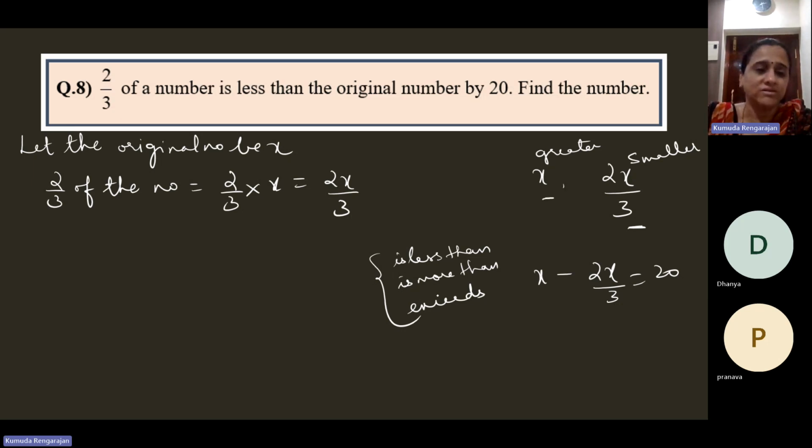So here the greater number is x, the smaller number is 2x by 3, minus is equal to the difference 20.